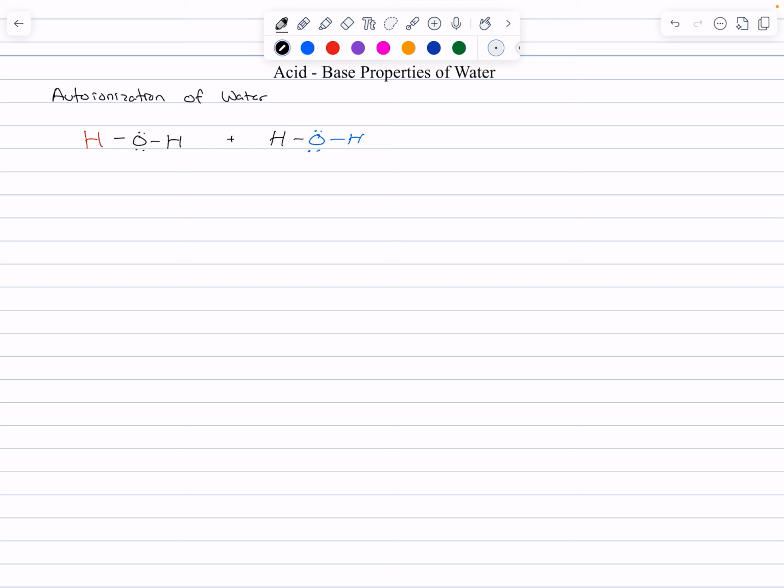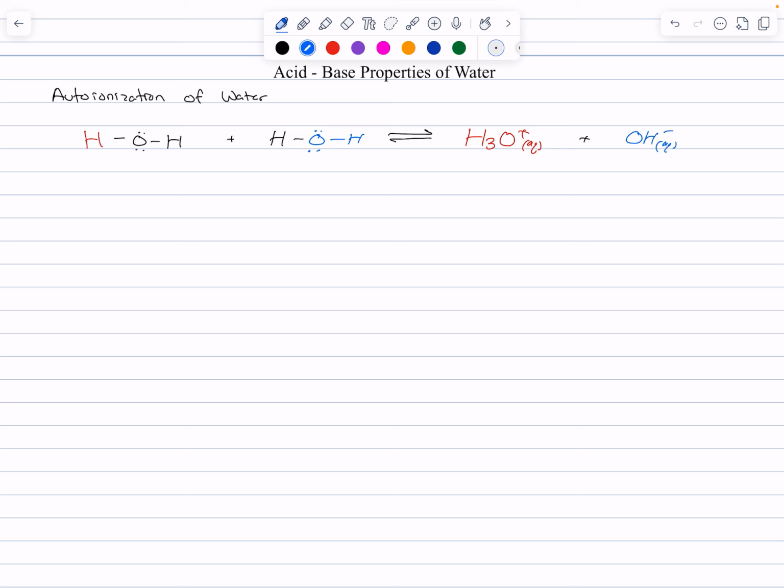So if I have two waters, what can happen, if we talk about the Bronsted-Lowry definitions? This H here can go to one of these lone pairs. And so on the other side, we can get hydronium and hydroxide.